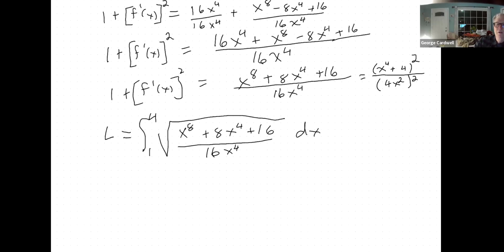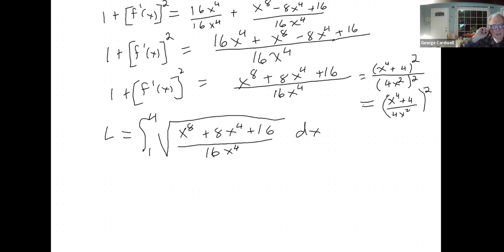Okay. And remember, if you have a fraction where the top and the bottom are both squared, you can just write the numerator divided by the denominator like this, and square the entire fraction.